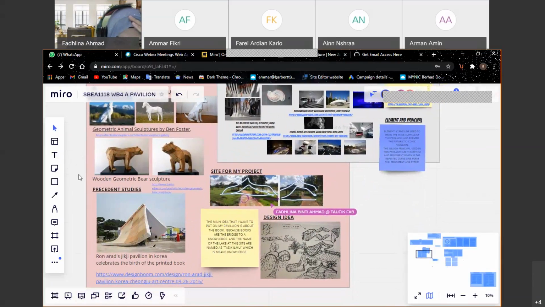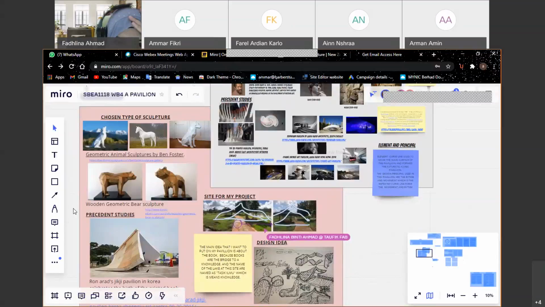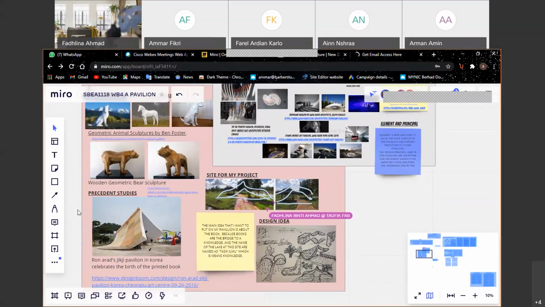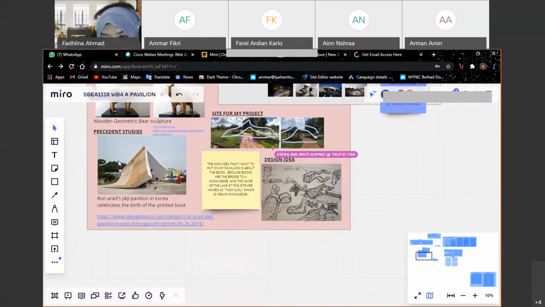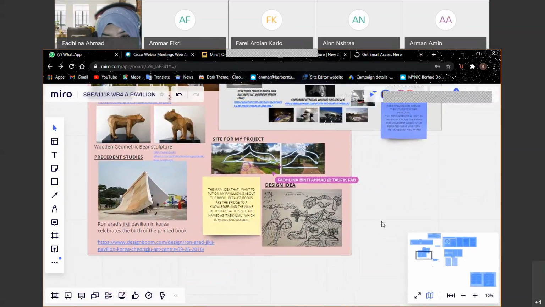Then we also have the wooden geometric bear sculpture. It's also a bear, a geometric animal sculpture, but it's made of wood. And then my precedent study. I want to tell a little bit about my idea first, because the lake at UTM is named Tasik Ilmu, and I want to make my pavilion based on the idea.